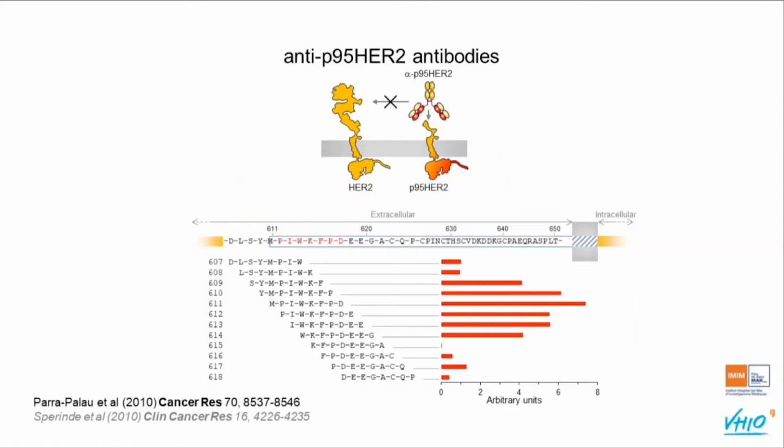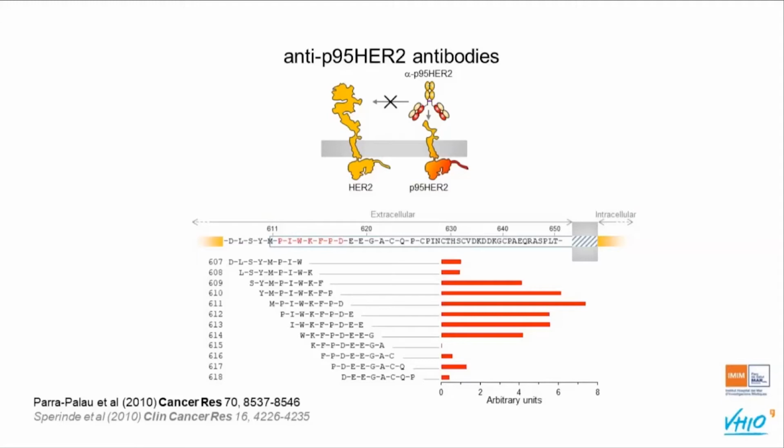We reasoned already several years ago that because of the truncation in the extracellular domain of P95 HER2, some epitopes exposed in the fragment would be masked in the 3D context of the full-length tyrosine kinase receptor HER2.